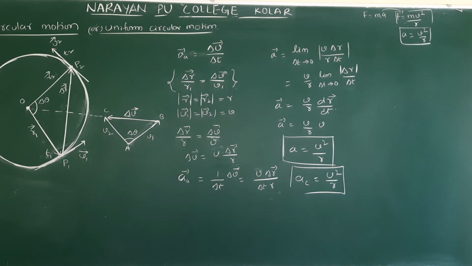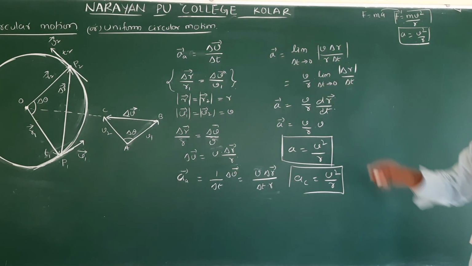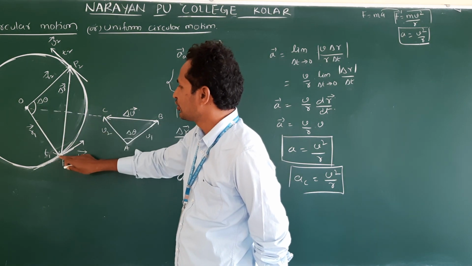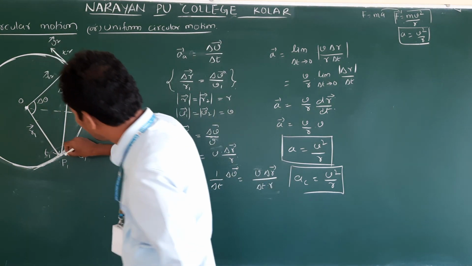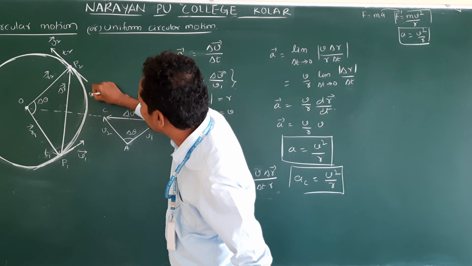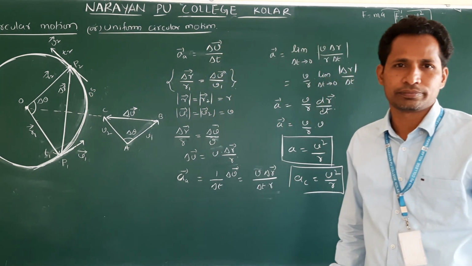And now we will see different forms of centripetal acceleration. As position changes, this is the path traveled by the object. You take it as delta S. Clear?